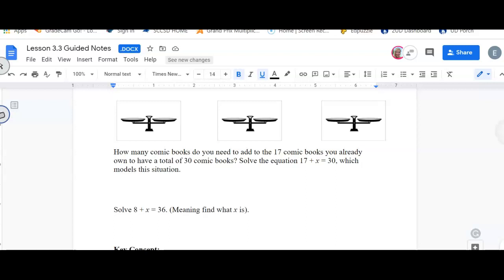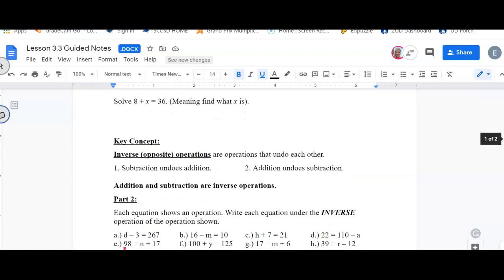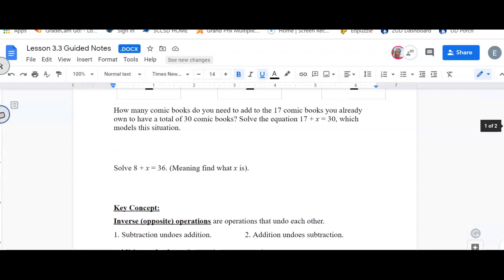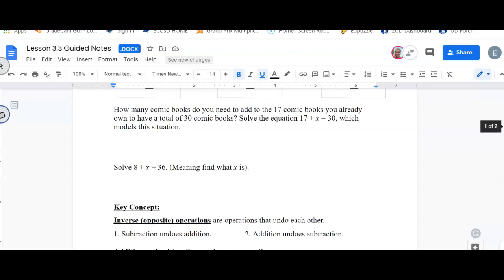Let's look at our guided notes here. It says, how many comic books do you need to add to 17 comic books you already own to have a total of 30 comic books? Solve the equation. 17 plus x equals 30. Go ahead and solve for that.